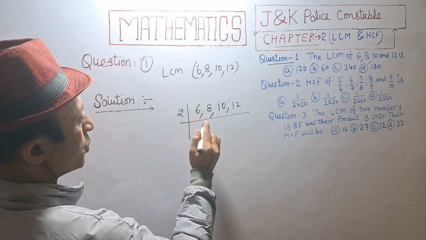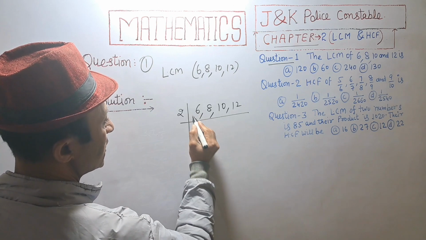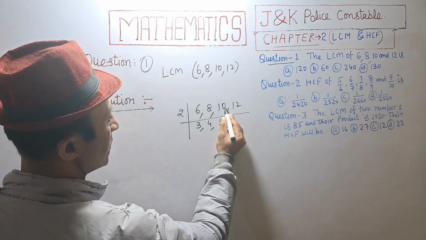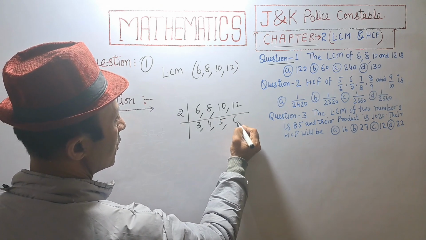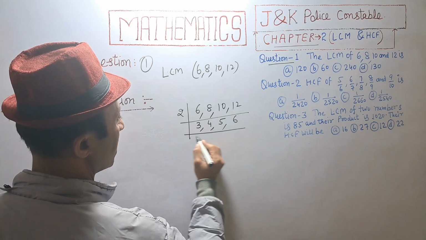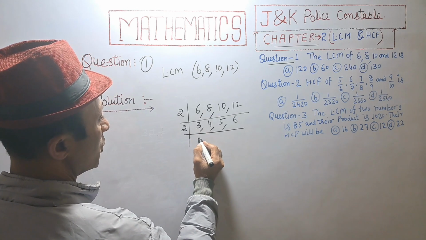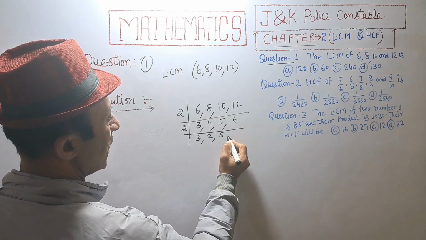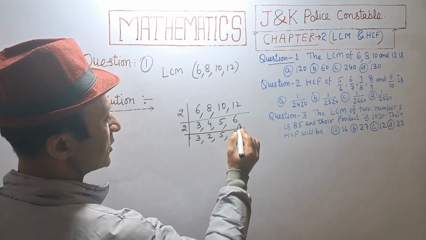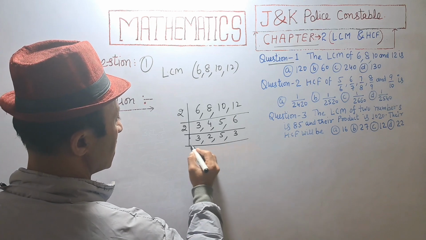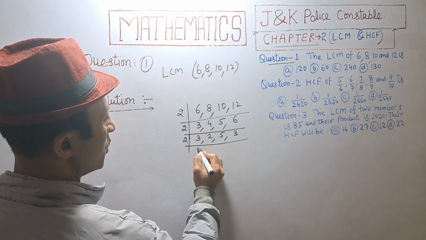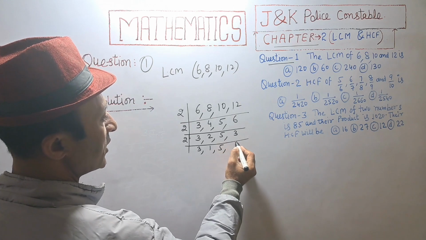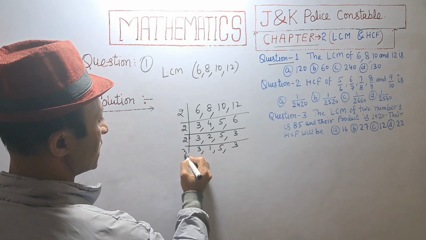First, 2 3s are 6, 2 4s are 8, 2 5s are 10, 2 6s are 12. 2, 3 as it is, 2 2s are 4, 5 as it is, 2 3s are 6. 2, 3 as it is, 2 1s are 2, 5 as it is, 3 as it is.